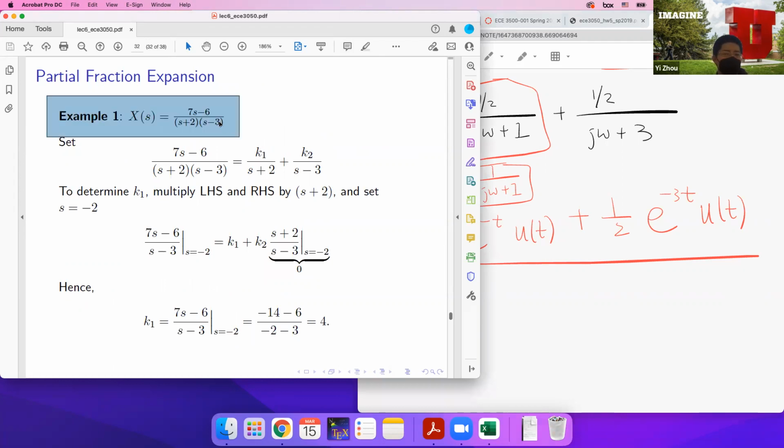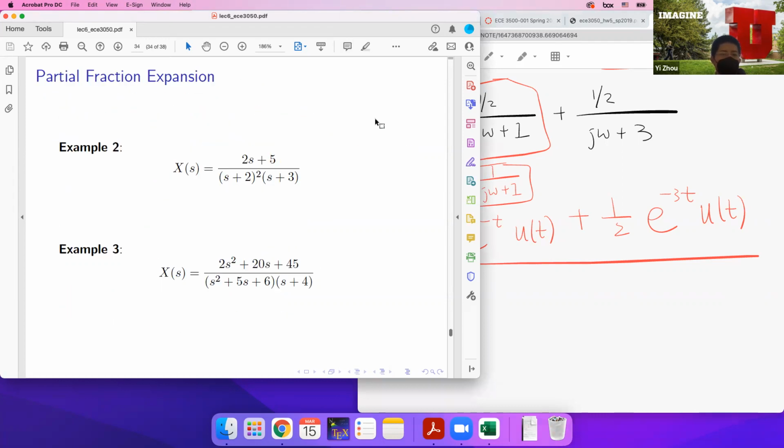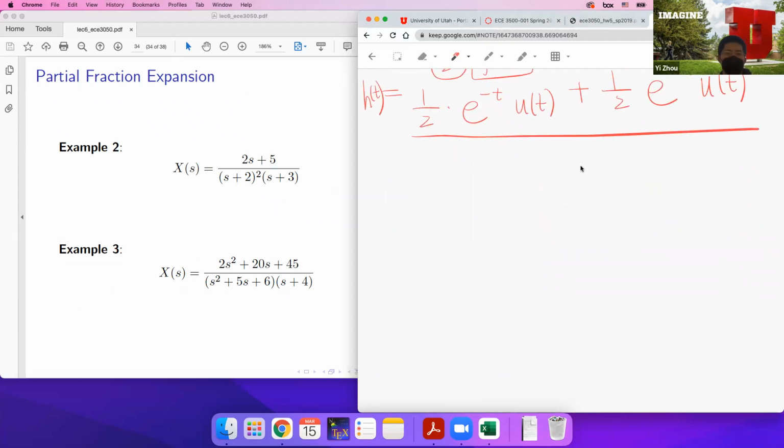Okay, so as long as you can handle example 1, you should be able to work out the homework and the exam problems. But let's look at the more complicated example 2 and example 3.